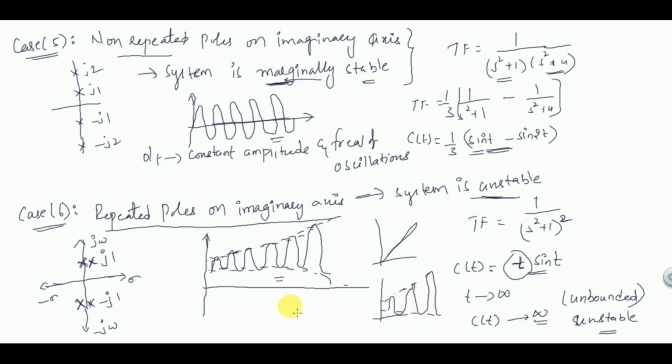This is what the output will be, t into sin t: a ramp signal and a sinusoidal signal. So this is about the different types of location of poles and their corresponding outputs, and we can classify the stability of the systems.